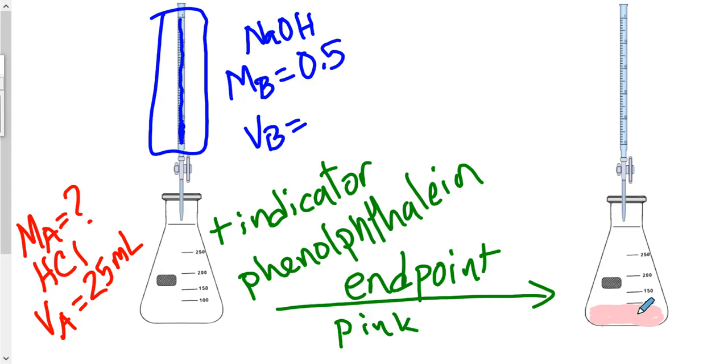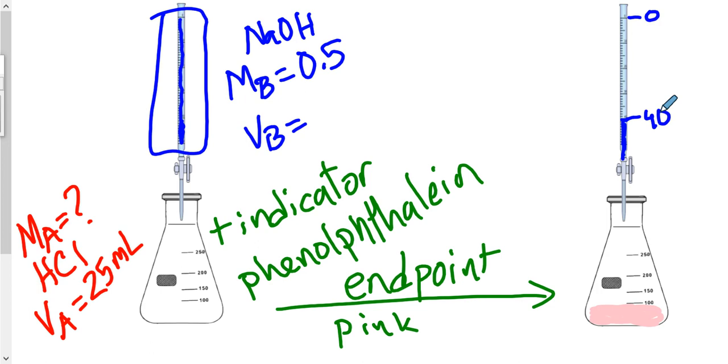Now, when it reaches the endpoint, obviously you're not going to have the same amount of base that you started with. In this case, the starting amount was 0, but let's say we have this amount of base left, and that means the end amount is approximately 40. We have to measure it carefully.